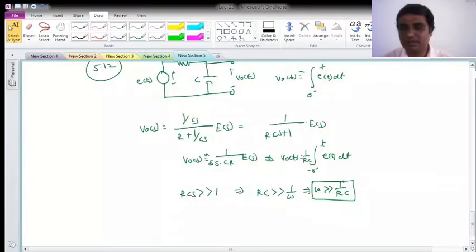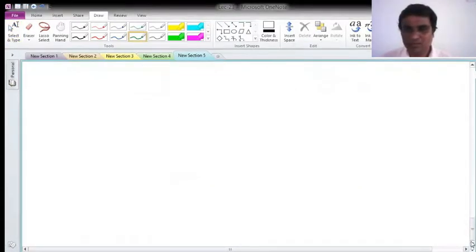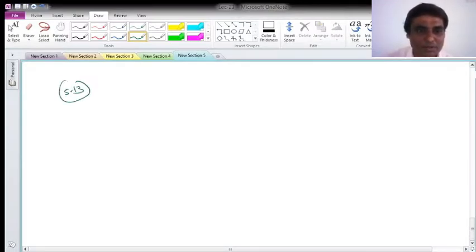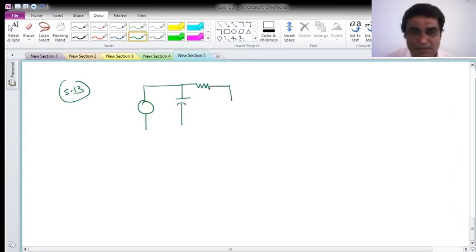Now next we'll take example 5.13. The circuit looks like this: there is a capacitor, resistor, and then inductor connected.